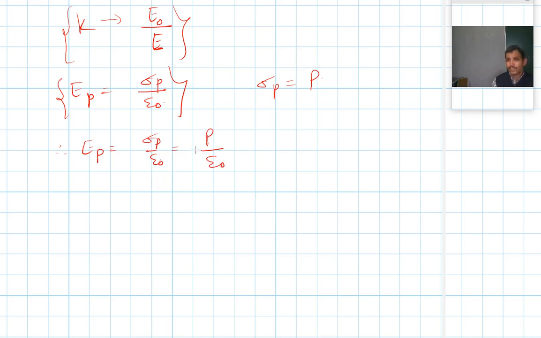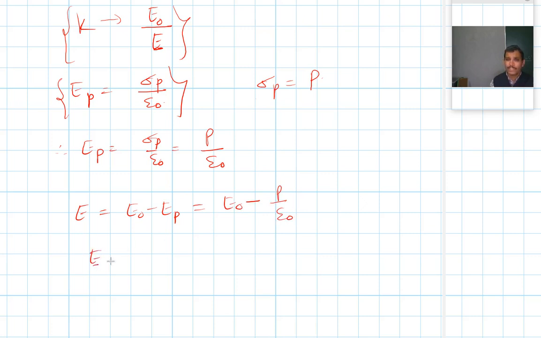But what is the value of this P? As we know that E is equal to E naught minus Ep, and if I put its value here, then it can be written as E naught minus P over epsilon naught. This is its value which I have substituted here.